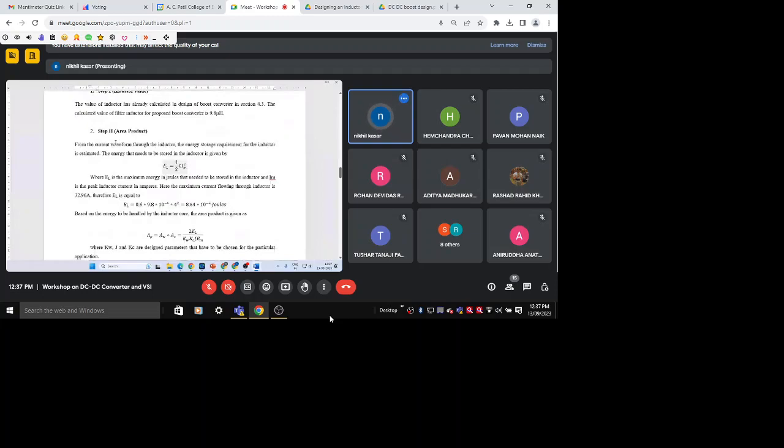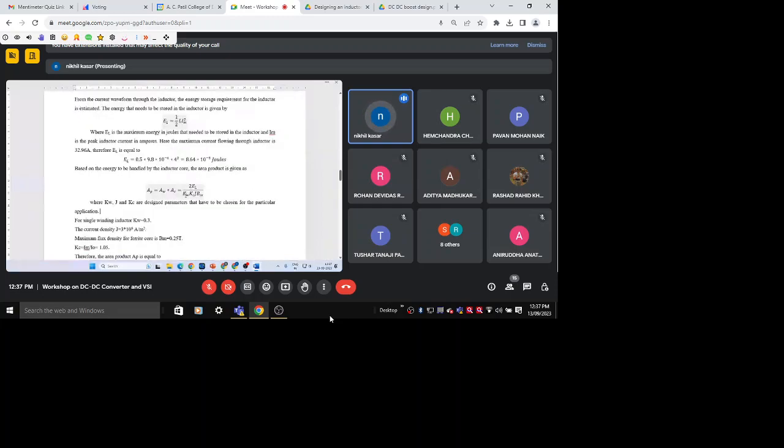In the numerator part we have twice the energy EL, then Kw, then the current density J, and the value of Bm. All these are constant values: Kw, Kc, and the flux density that we can select. But EL we have to calculate.